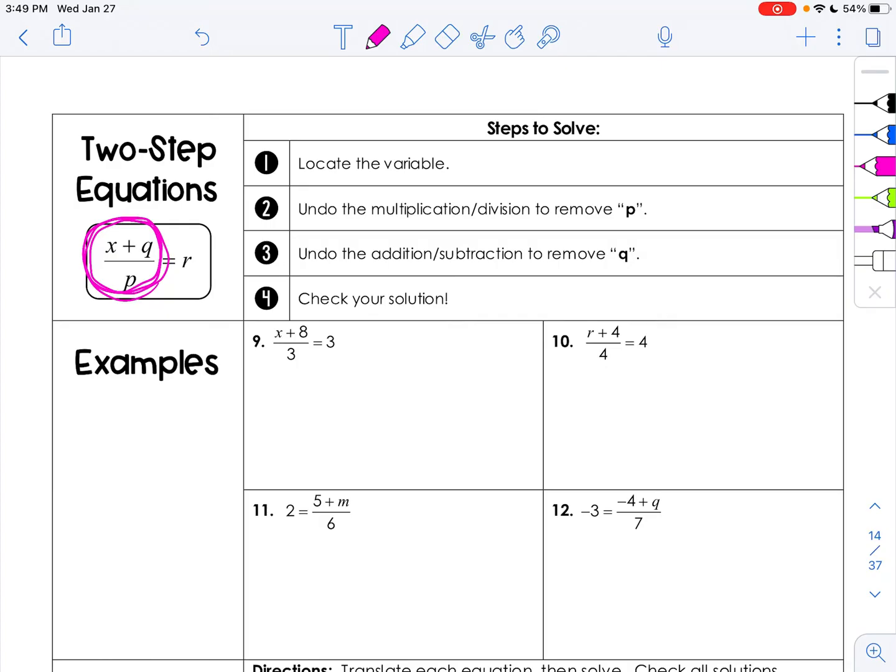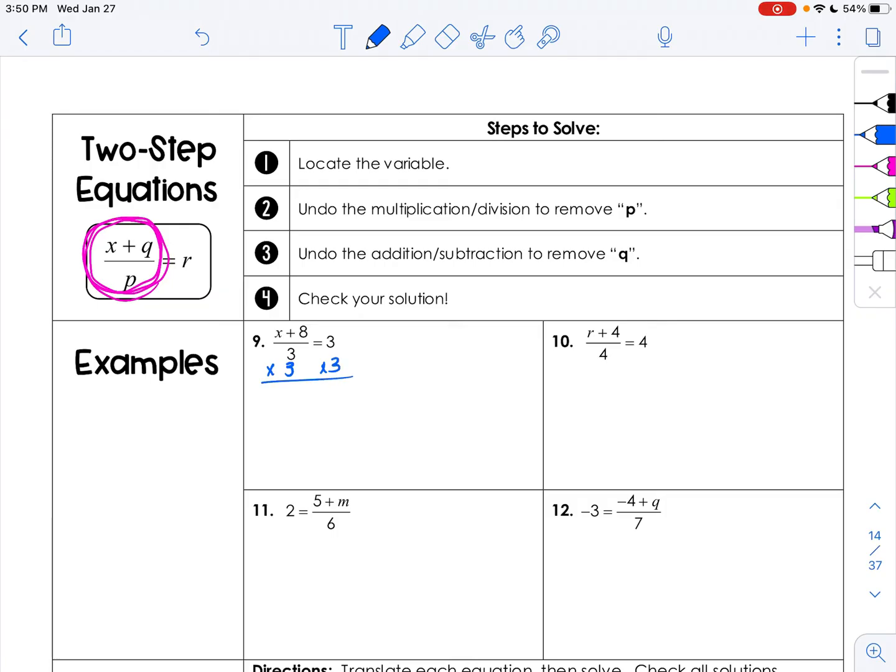So that's the only time you're going to get rid of division first, is if a whole side of the equation is being divided by. So looking at number 9, we can see this whole left side is being divided by 3. My variable, still locating it, is on the left. It's got plus 8 and divide by 3. But I want to get rid of that divide by 3 first. So instead of dividing by 3, we're going to do the opposite and multiply by 3, just like with the other equations.